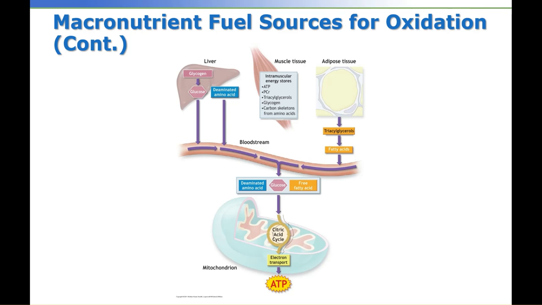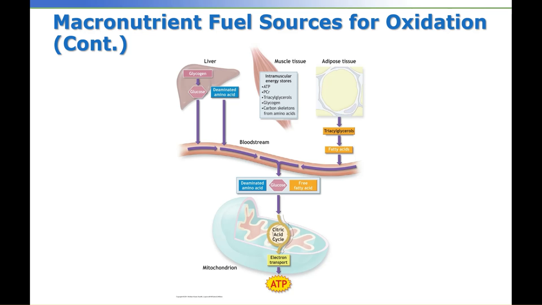In muscle tissue, you have the energy stores in muscle tissue. We already talked about. You have ATP in there, phosphocreatine. You have triacylglycerols, which are fats. You have glycogen, which is the body's endogenous production of glucose. You have carbon skeletons from amino acids. You also have adipose tissue that is broken down, okay, to form triacylglycerols and fatty acids.